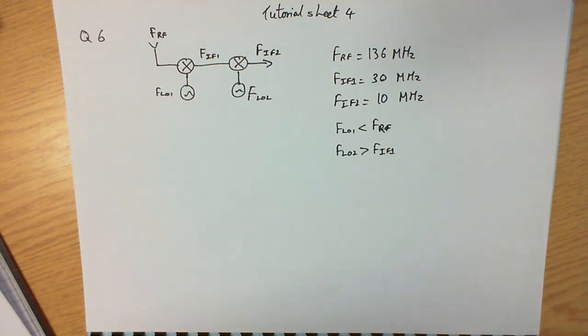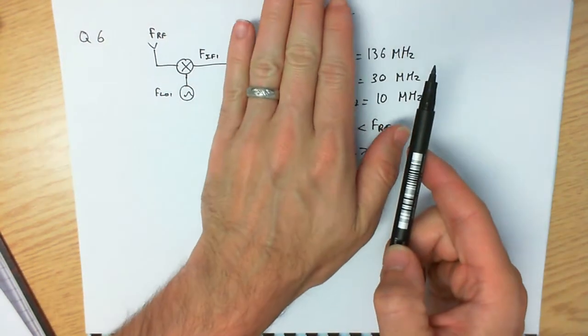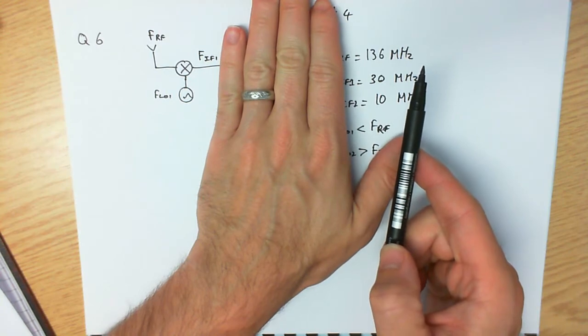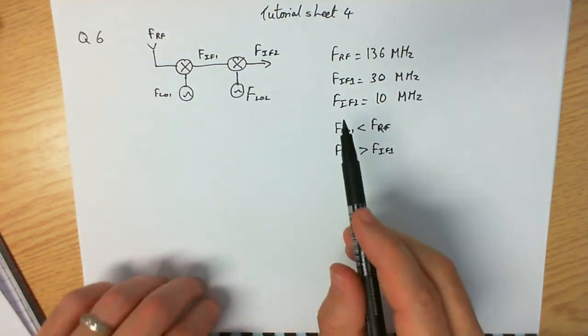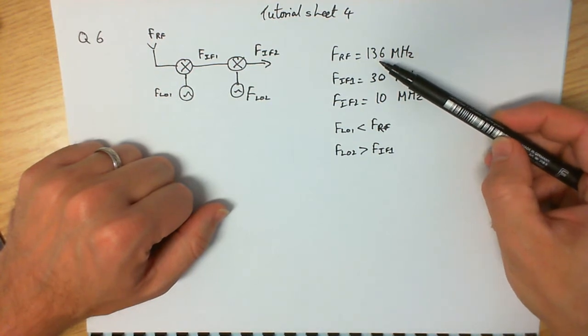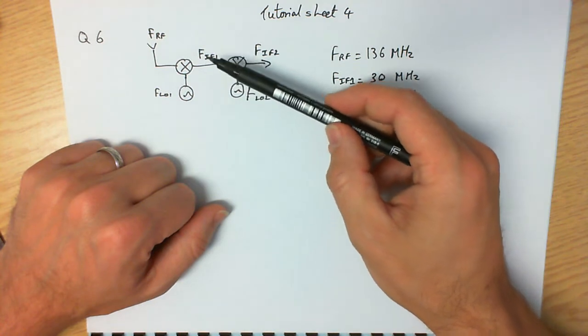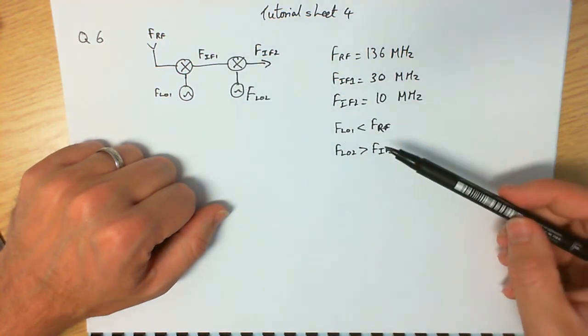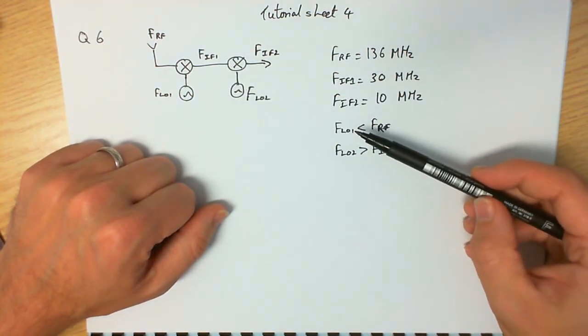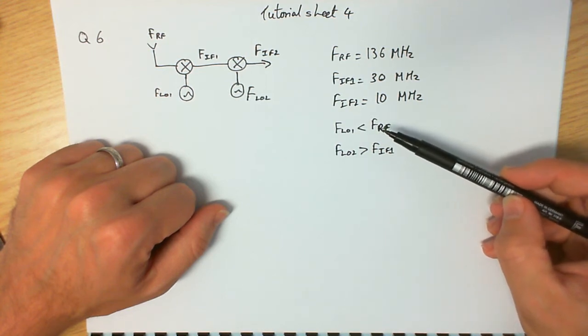The first part of the question says determine the image frequencies. So first of all, we need to determine the image frequency for the first stage of the system. We've got an RF frequency of 136 megahertz coming in, and 30 megahertz coming out. We also know that the local oscillator is less than our RF frequency.